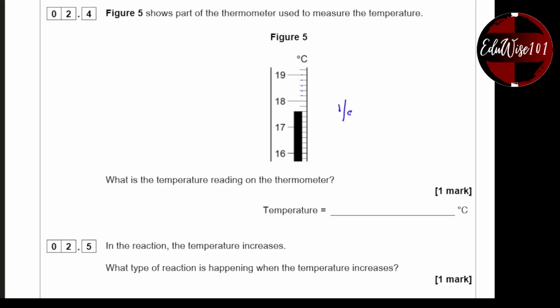So 1 divided by 5 is 0.2 degrees Celsius. From there, it's 17.2, 17.4, 17.6. So it's 17.6.